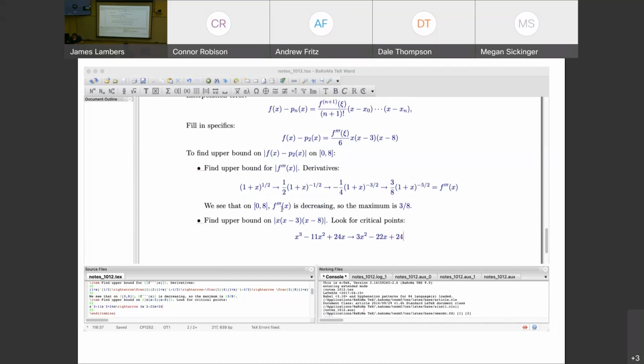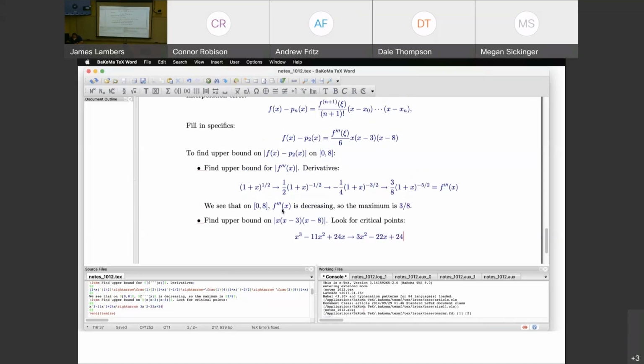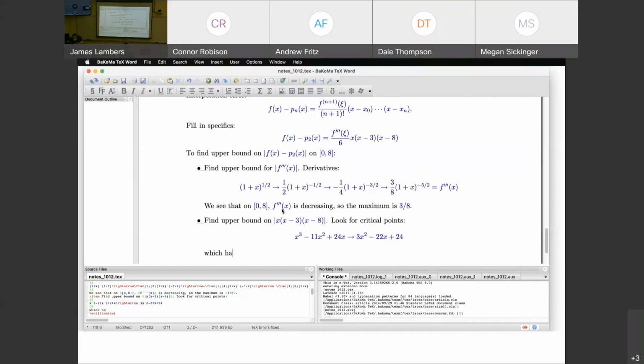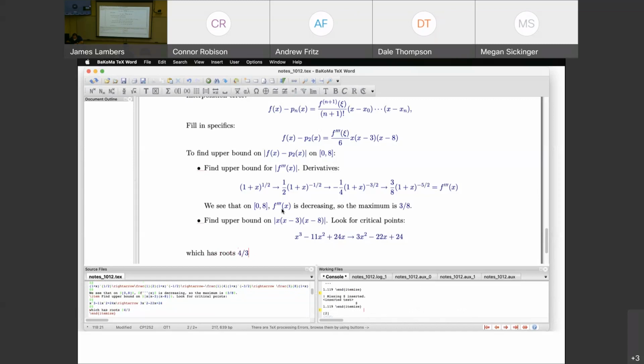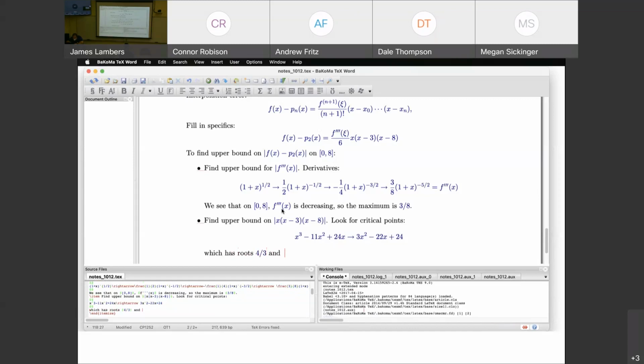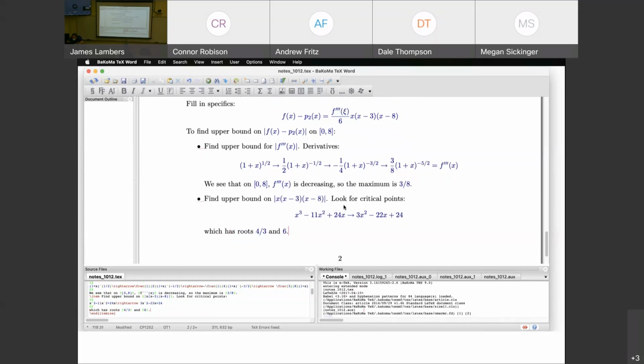And I'm using Matlab to compute the roots for me. Believe it or not, they work out fairly nicely. The roots are 4/3 and 6, and both of these fall within the interval 0 to 8, so we can consider them both.